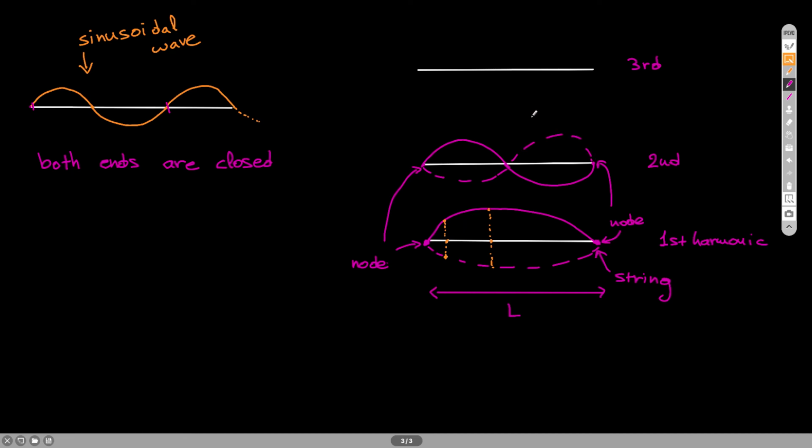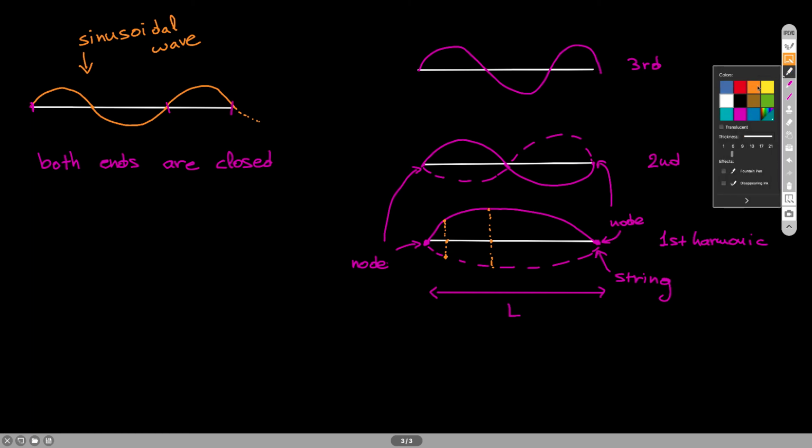And if I repeat this process for the third harmonic, I need to take the piece that is just larger than what I just took for the second harmonic. For the third harmonic, I'm gonna go from here all the way to here. And I'm gonna fit that here. Okay, so my drawing is a little bit off.